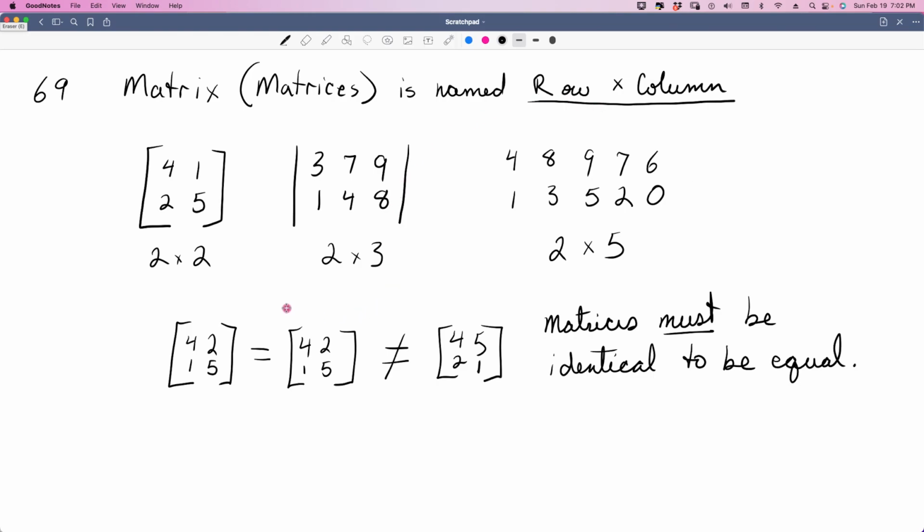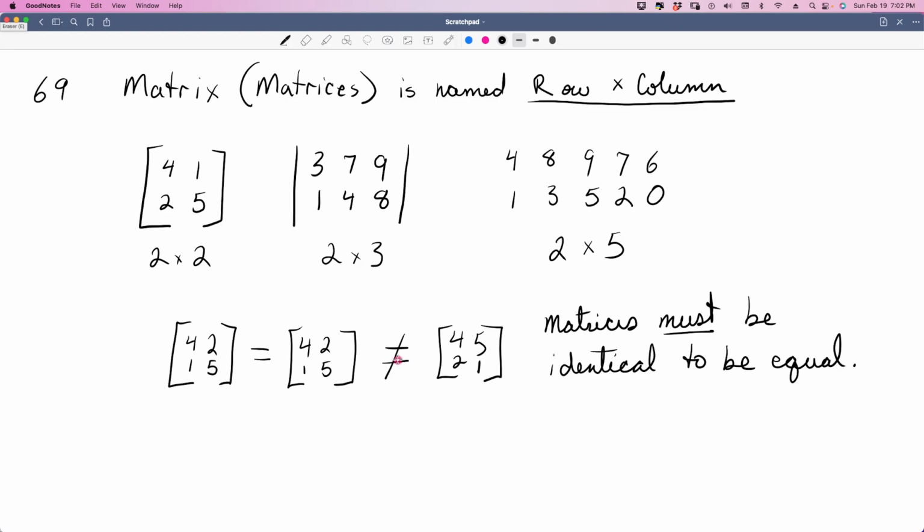Now, another thing that's important to remember about matrices is that if they are not identical, they are not equal. So this matrix here with 4, 1, 2, 5 is equal to 4, 1, 2, 5. But this matrix with the same 4 numbers, not arranged in the same way, is not equal.